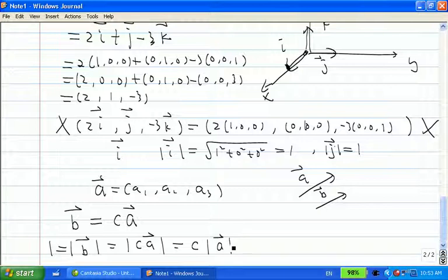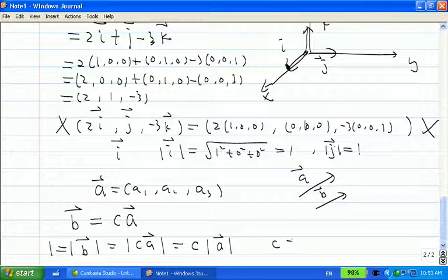So this means c times the magnitude of vector A is 1.